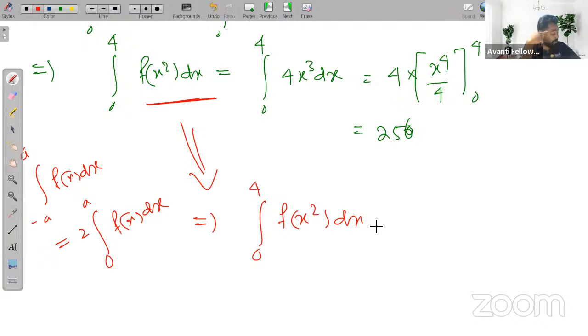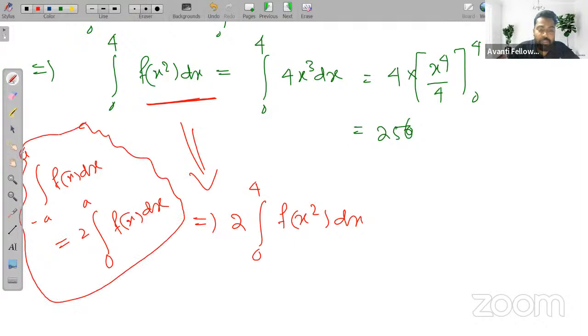0 to 4 f of x square dx, this becomes, okay, so we can write this as 2 into, by using this property, 2 into 0 to 4 f of x square dx, that is, we know this as 2 into 256, and 256 into 2 is 512.